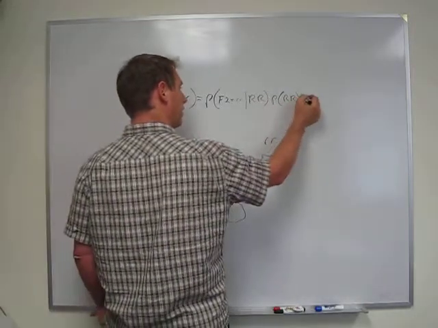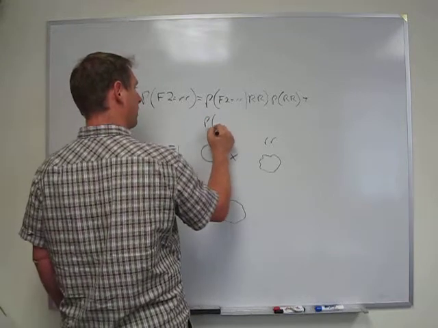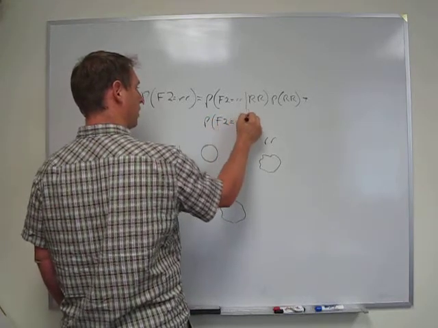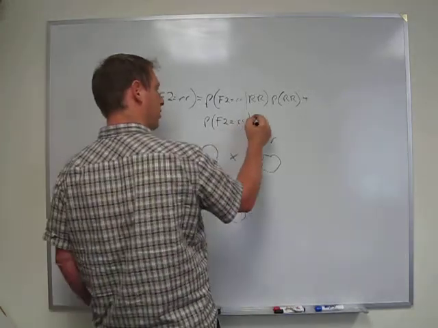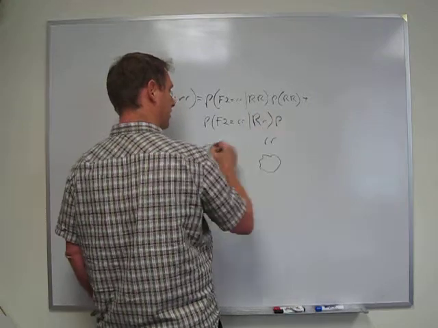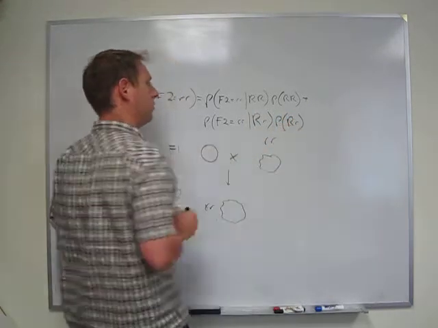plus, using the law of total probability, the probability that the F2 is equal to little r, little r, given the condition of big R, little r, times the probability that this individual here is big R, little r.